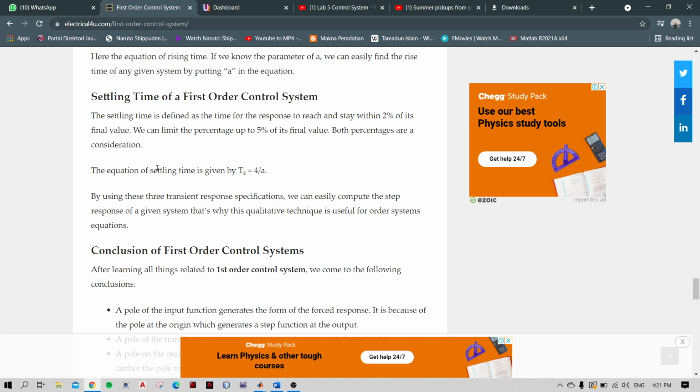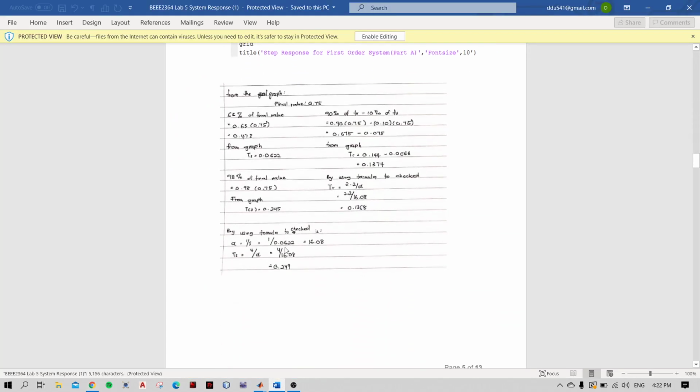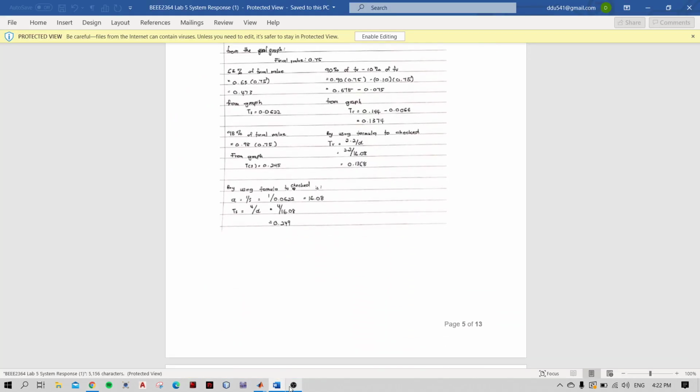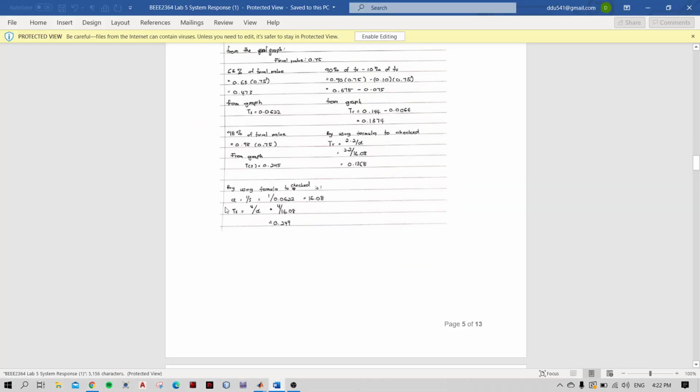Both percentages are a consideration. This is the equation, and this is for the settling time.